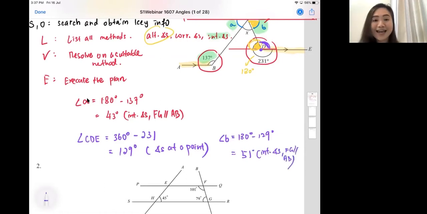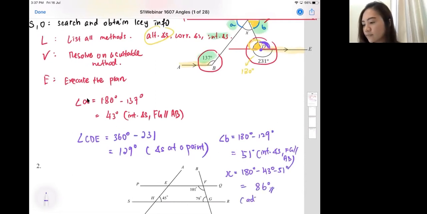And then finally, to find X, we just take 180 minus A minus B. Adjacent angles on a straight line.